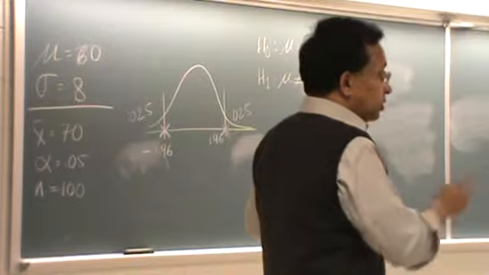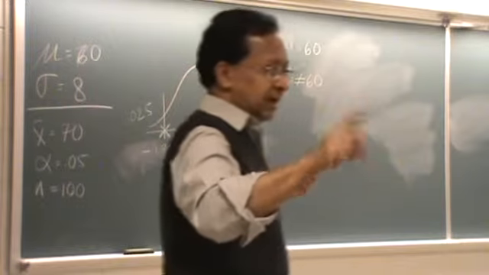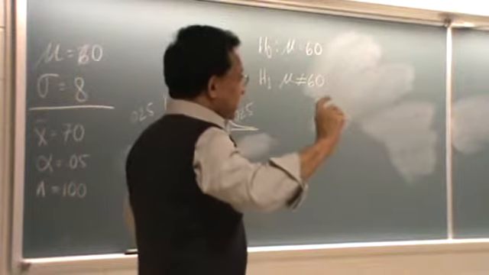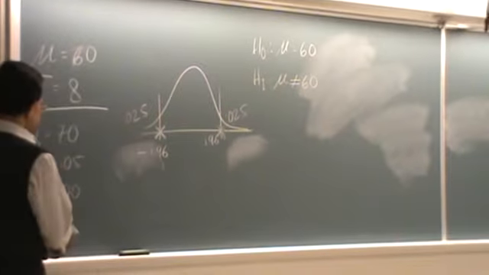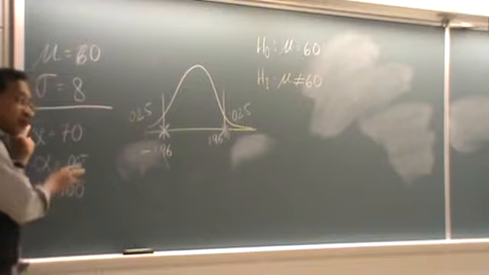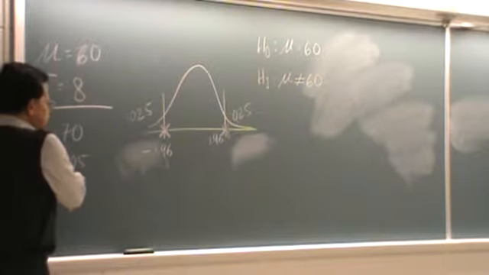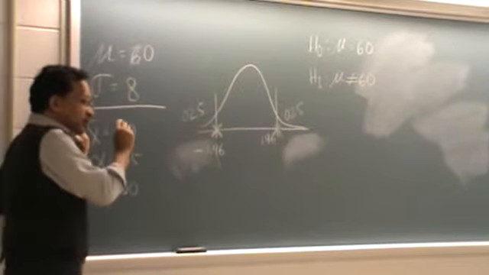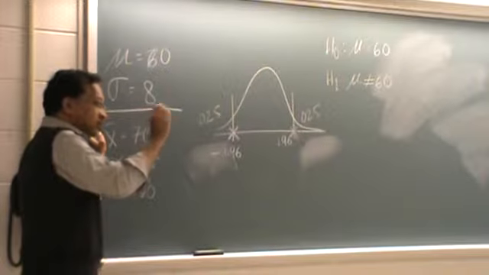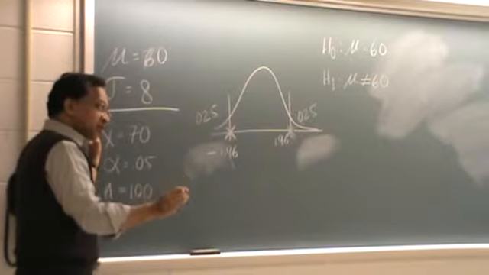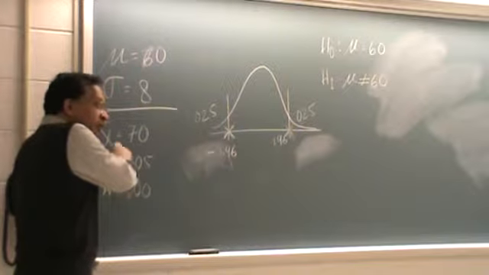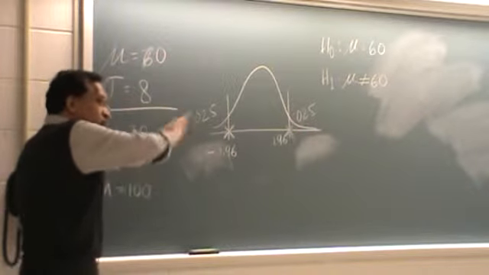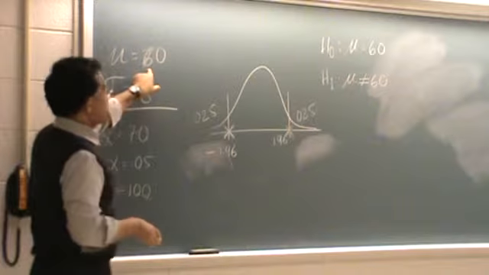If we found that this mean for these 100 people went up to 70, is it because that special tutoring made any impact on these people? If so, then if we are offering that same special tutoring to the whole population, then this should not be 60.